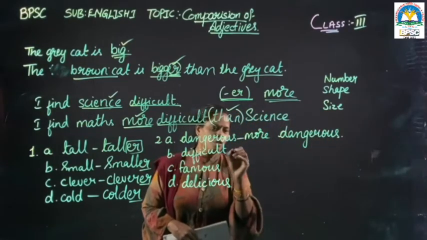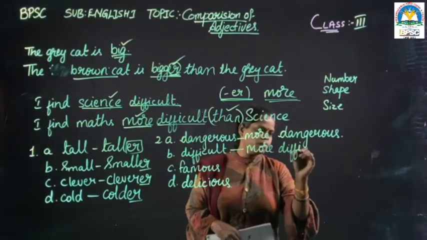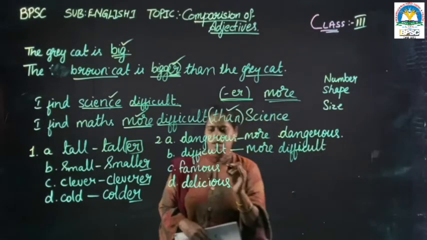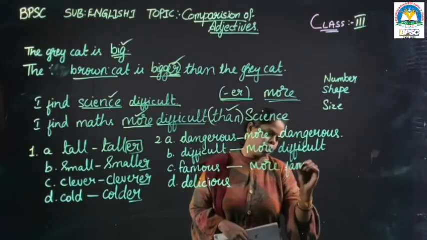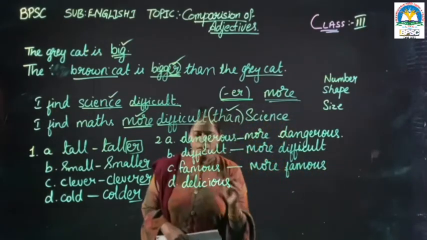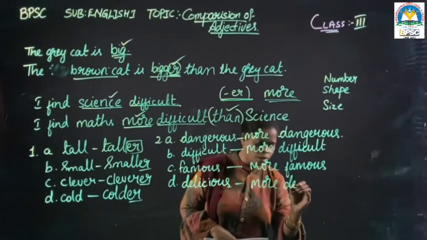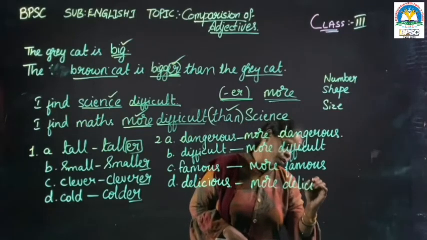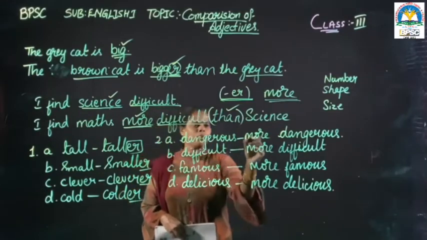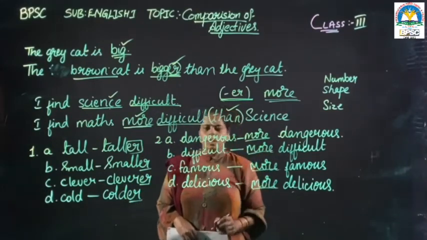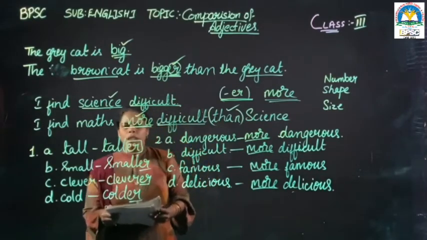Difficult, more difficult. Famous, more famous. Delicious, more delicious. So now you understood? For long adjectives, what do you have to do? You have to add more.